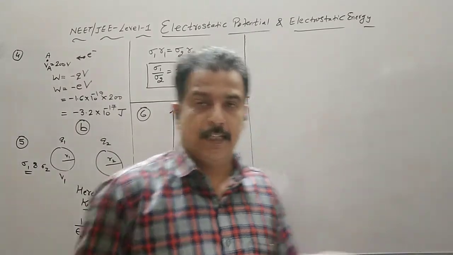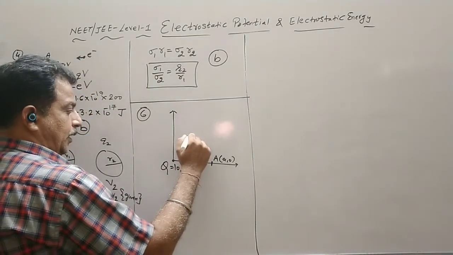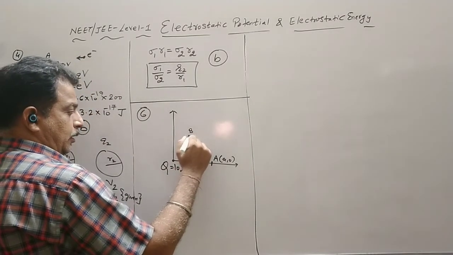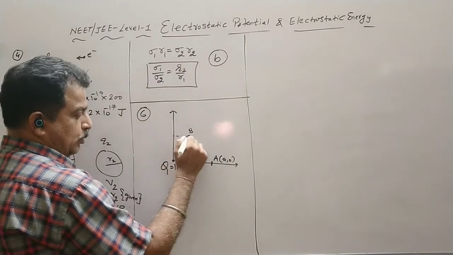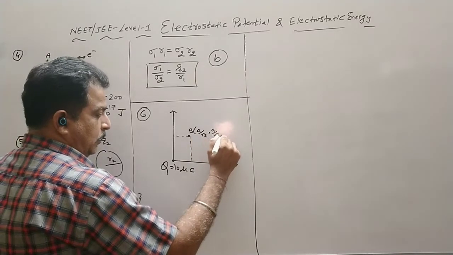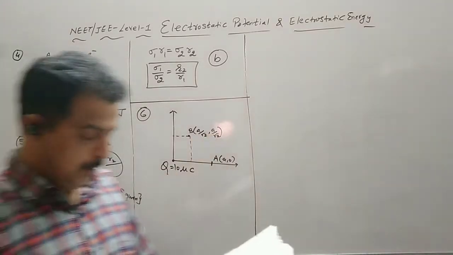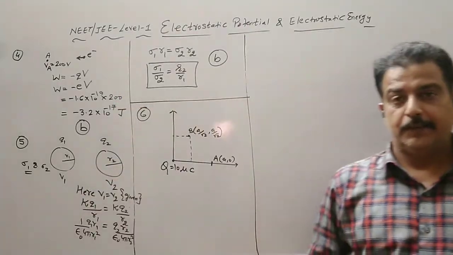That is, it is in the XY plane. So let us assume that point is here. So this is A by root 2 and this is also A by root 2. We have to find out the potential difference between 2 points.